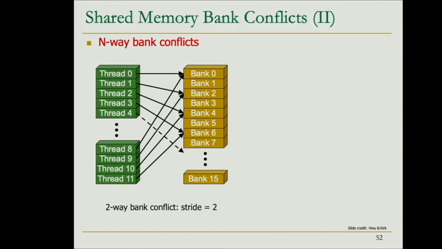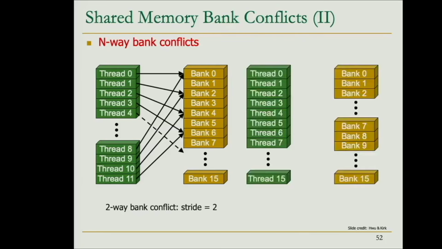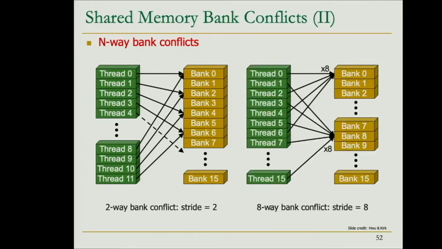If the stride is 2, we are going to have a two-way bank conflict. We have 2 threads going to the same bank, which means that we are reducing the effective bandwidth by 2. And it can be, of course, even worse. This is an 8-way bank conflict.